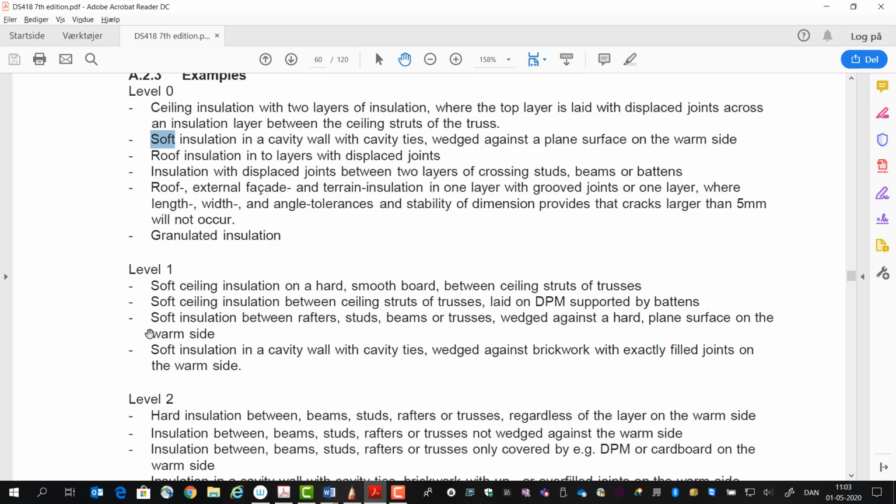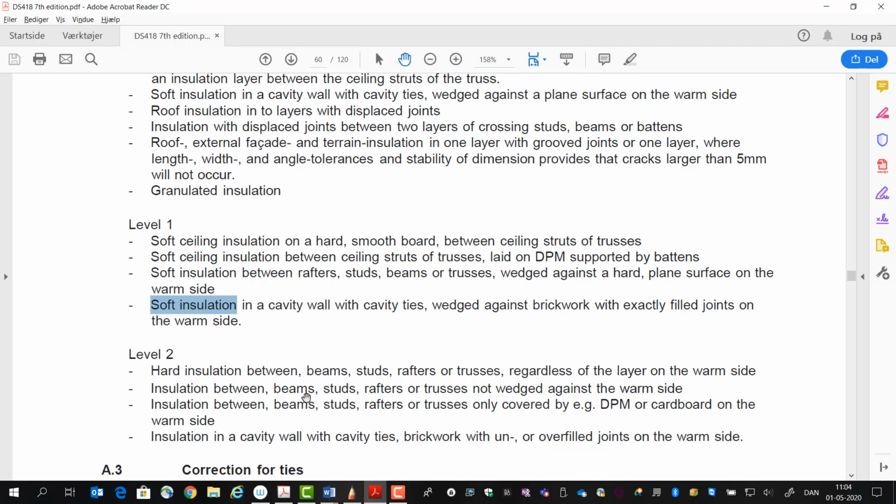So we are not down here where we have soft insulation in a cavity wall with cavity ties, which is against brickwork. That's not where we are. And we're not either down here where we have insulation in a cavity wall with cavity ties and brickwork where we have unfilled and overfilled joints. So we are in level 0.